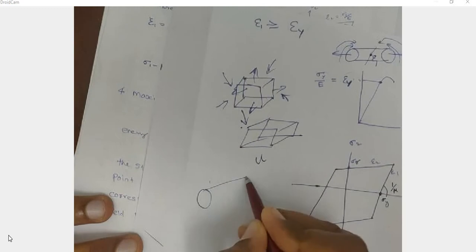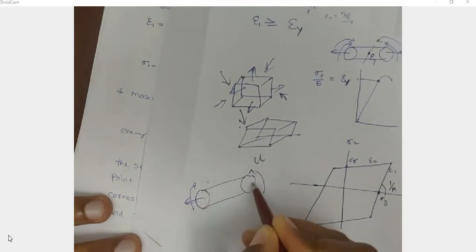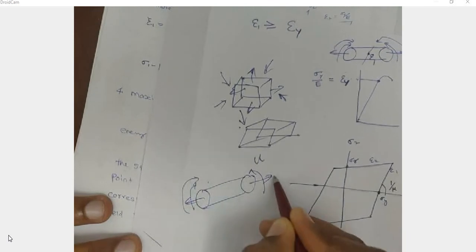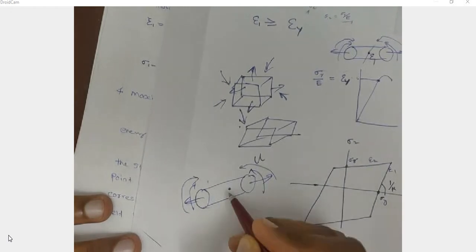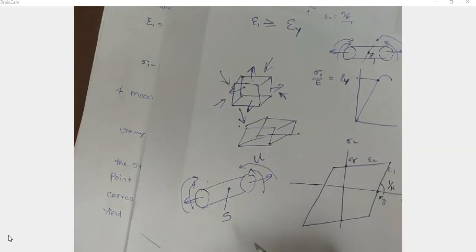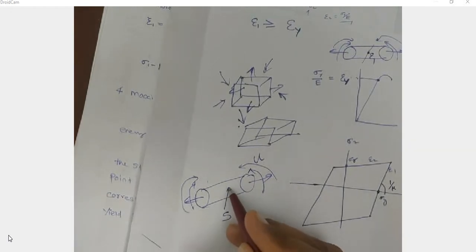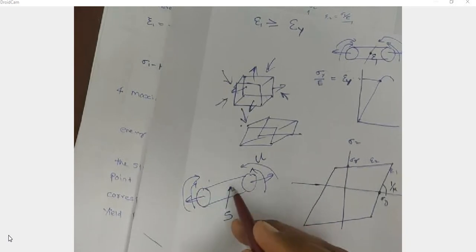So it's nothing but, for example, again consider a body under a complex loading condition. At any point, this is the strain energy stored. For example, S is the maximum amount of strain energy stored in this body at this point.